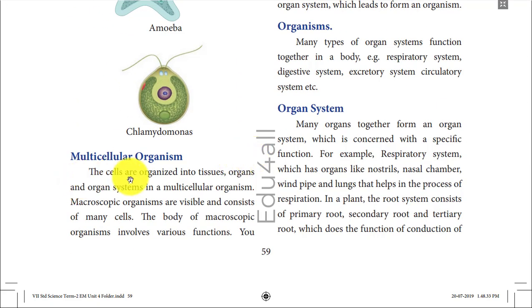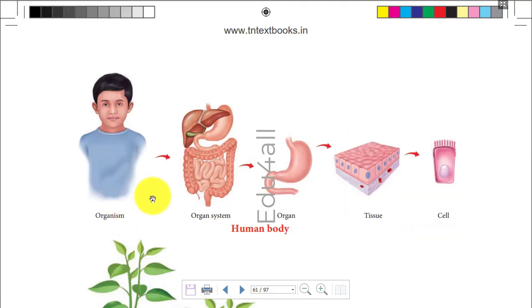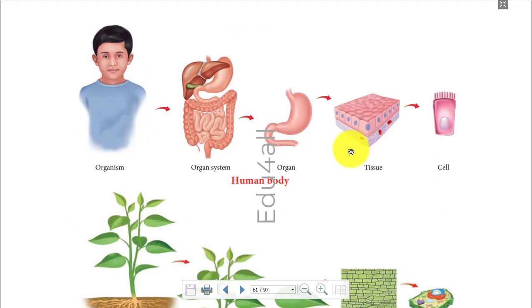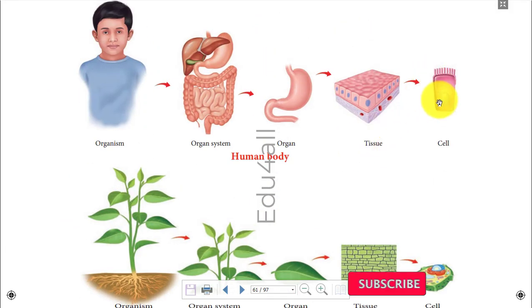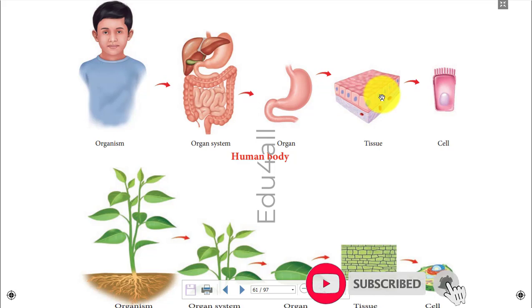The next one we are going to see is the multicellular organism. Here the whole organism is made up of trillions of cells. The cells are organized into tissues, tissues organized into organs, and organs organized into organ systems, forming the organism. From that you can easily identify a single cell which makes a tissue.